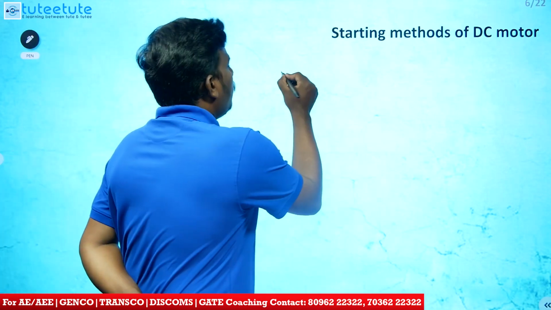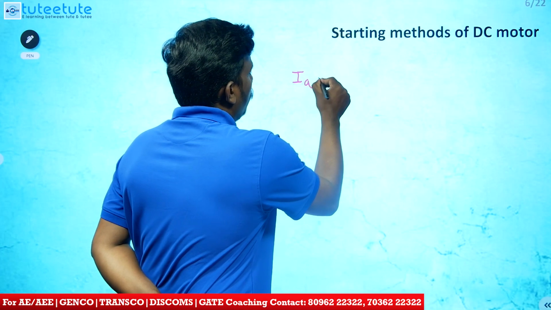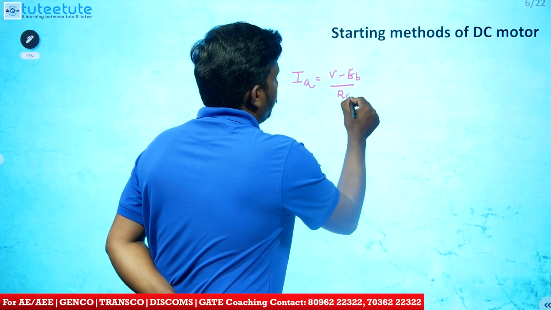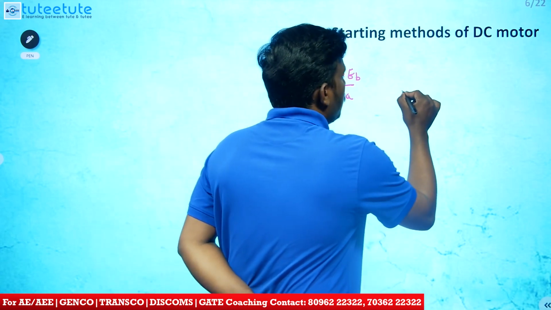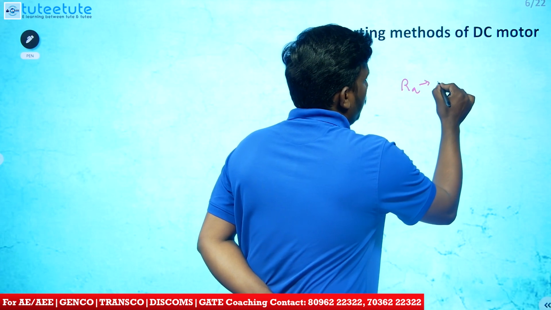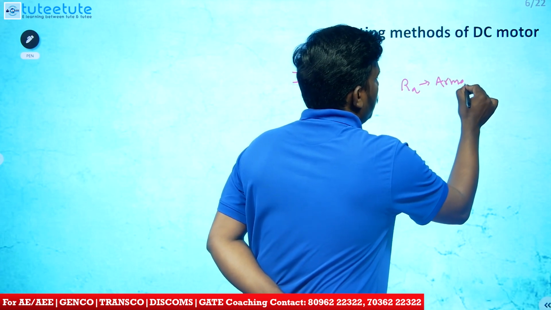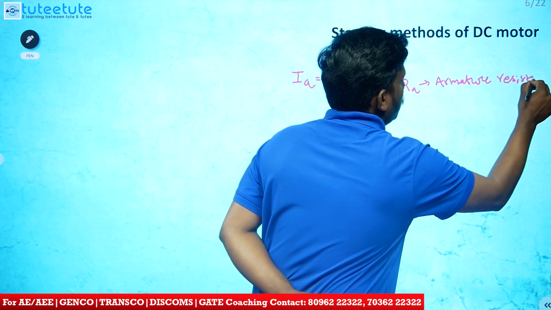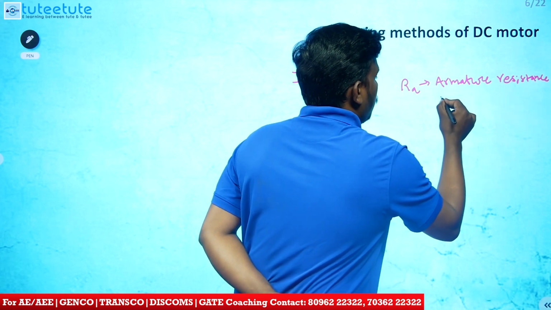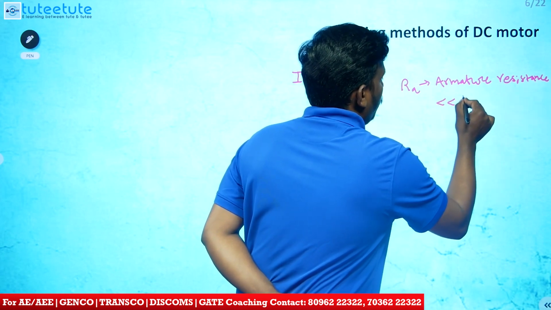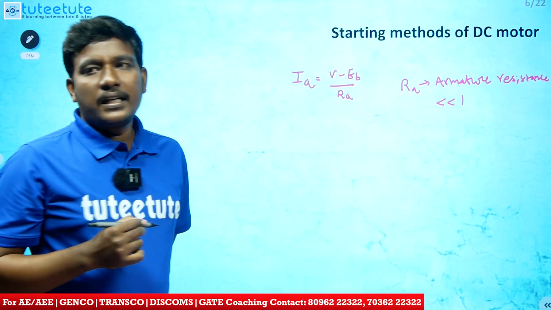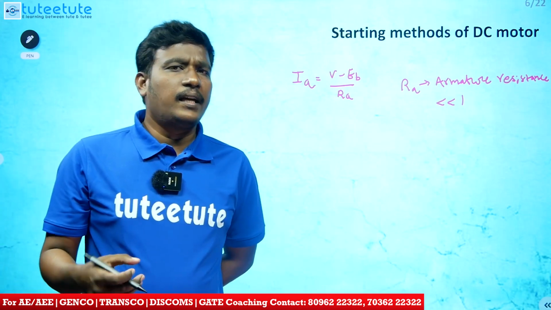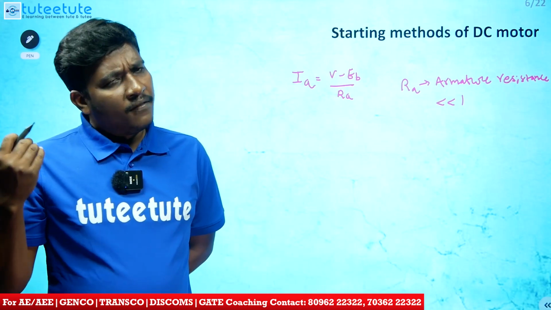We already know the equation Ia equals (V minus Eb) by Ra, where Ra is the armature resistance, far less than 1 ohm. In general it is made up of copper wires, and because copper is a good conductor of electricity, the resistance offered is very small.